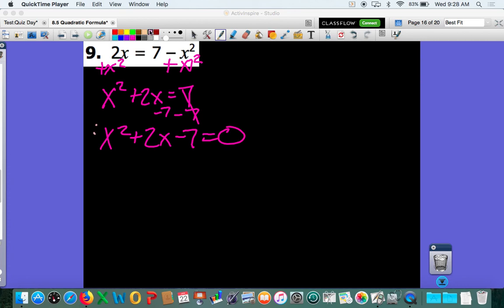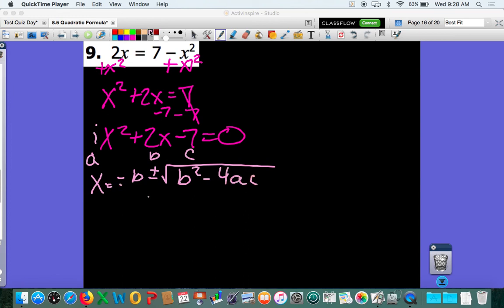Label my a, b, and c. Understood a, my b, and my c. And we need to plug it into my equation. The equation we said is x equals negative b plus or minus the square root of b squared minus 4ac. All of this is over 2a. Alright, let's plug it in.